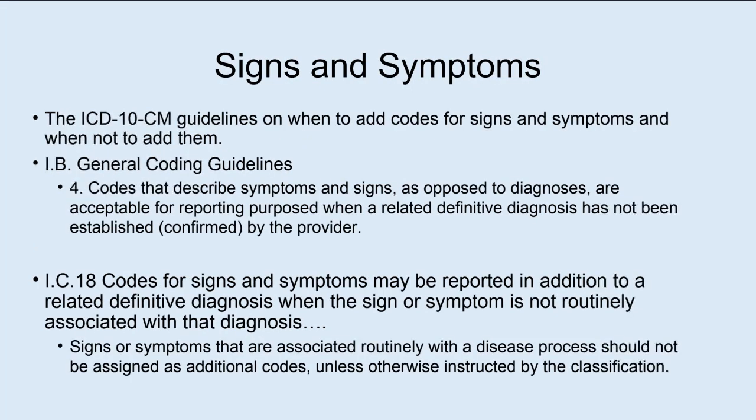Now, the operative report also listed some signs and symptoms, vomiting blood and dark stool. So do you code these? Well, the general coding guidelines, this one, state codes that describe symptoms and signs as opposed to diagnoses are acceptable for reporting purposes when a related definitive diagnosis has not been established.